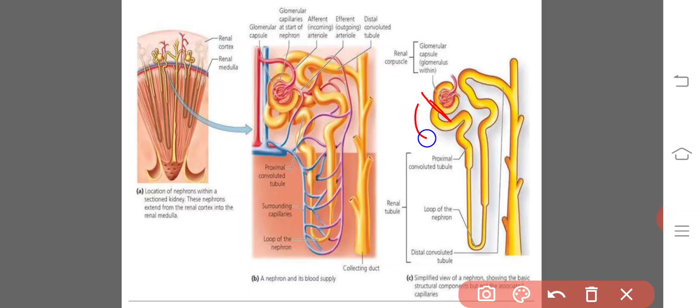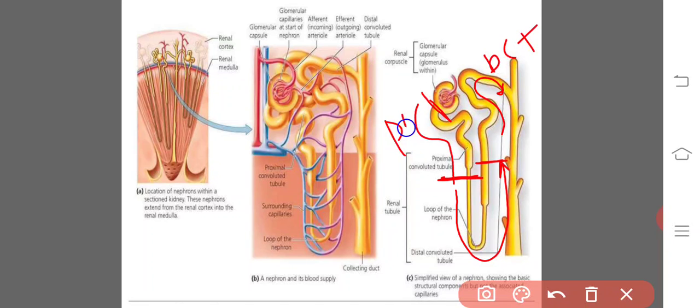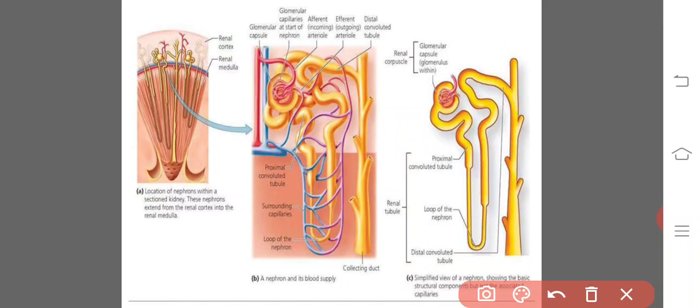From this region to this region, it is the proximal convoluted tubule, and this region to this region, it is the Henle's loop, and this region to this region, this is the distal convoluted tubule. Proximal convoluted tubule, loop of Henle, and the distal convoluted tubule.